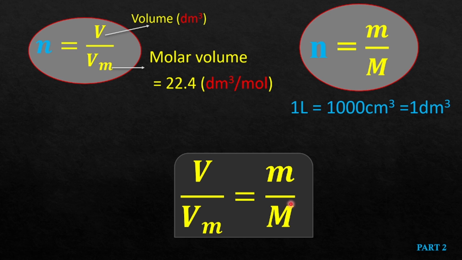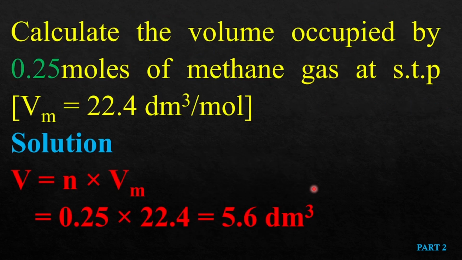Now let's begin with the calculation. Let's take the first example. We are to calculate the volume occupied by 0.25 moles of methane gas at STP. Vm is given here, which is 22.4. From what we have been given, n is equal to 0.25 moles, and Vm is also known.